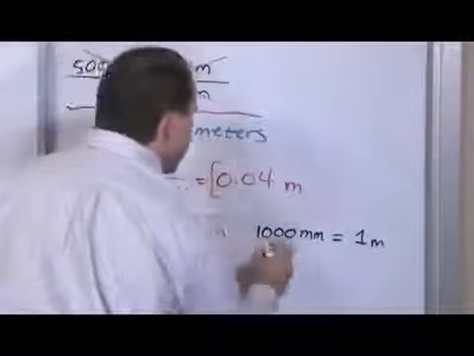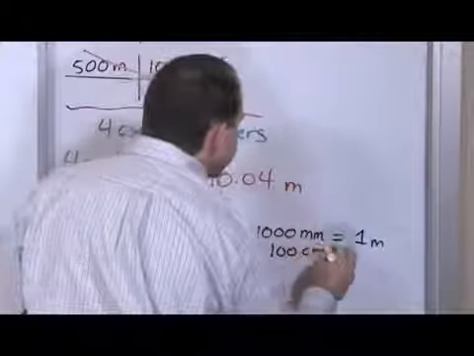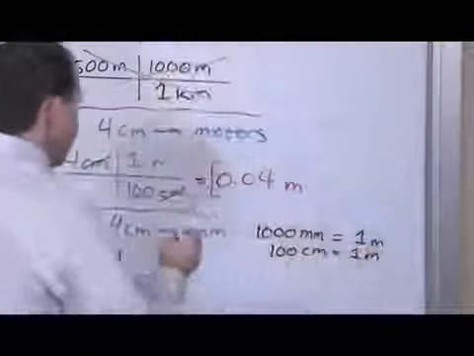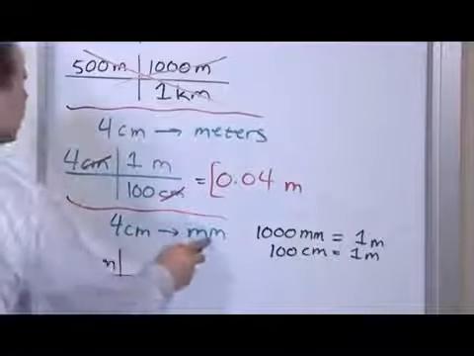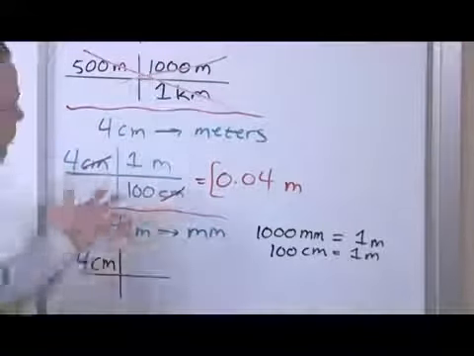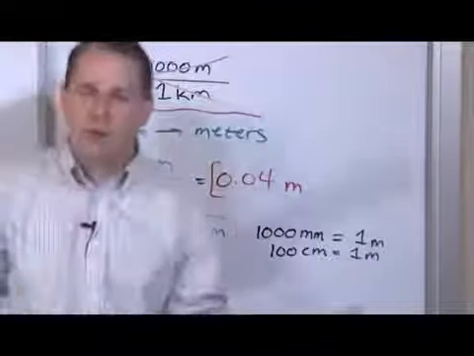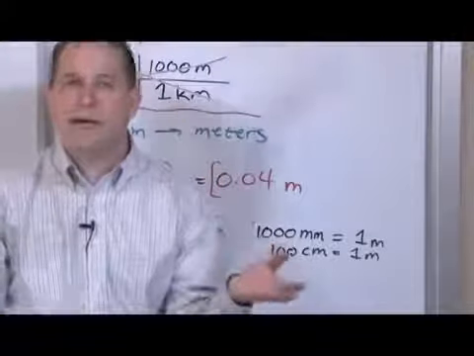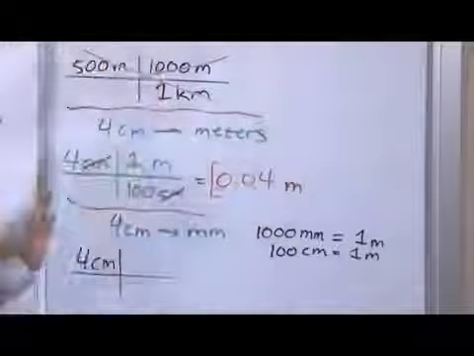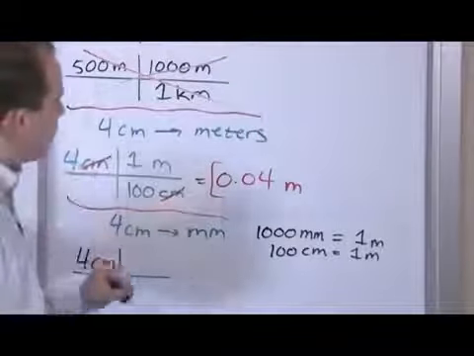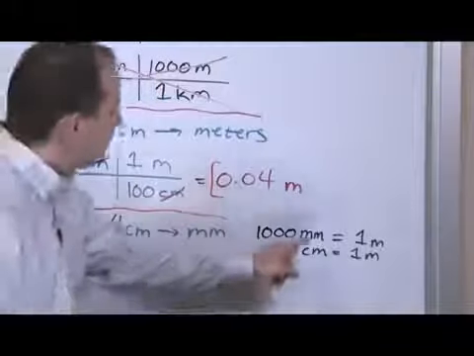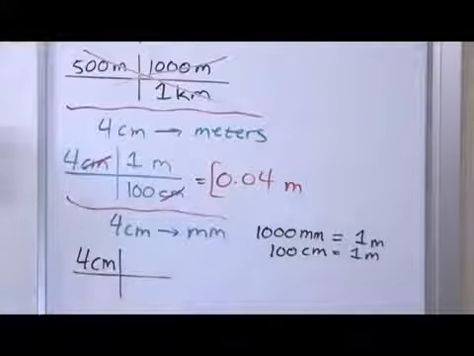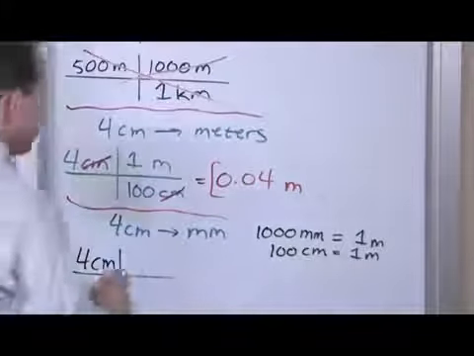And we also know that 100 centimeters is equal to 1 meter. But this isn't exactly where we're trying to go, because we're actually trying to go from centimeters to millimeters. But we don't actually have a conversion factor. But what we do know is how many millimeters are in a meter and how many centimeters are in a meter. So let's just use what we actually have here, and I'll show you the power of this method.